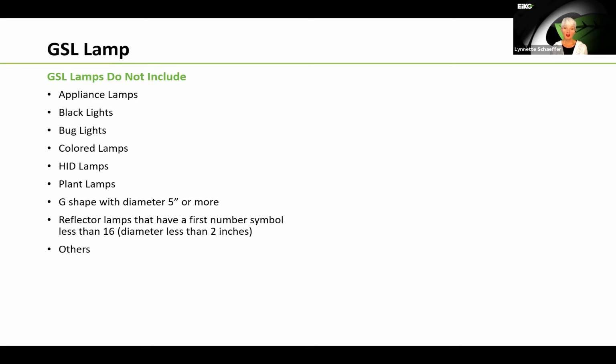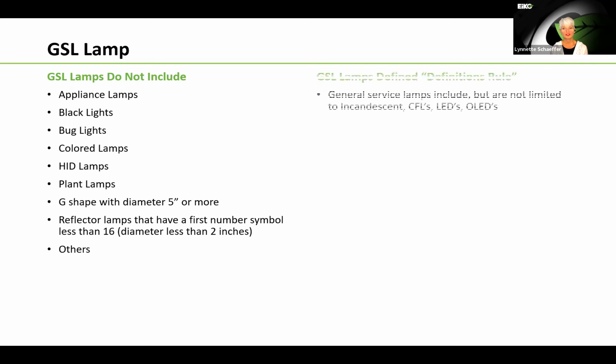Now, to help further understand what lamps are part of the DOE's regulations, they have recently come up with a more defined definition. So one, it's important to understand that GSL lamps include incandescents, CFLs, LEDs, and OLEDs, which stand for organic LEDs. Keep in mind, when we say incandescent, this now also includes halogen. That's a new update. Now, a general service lamp is defined as lamps that have an ANSI base, operate at voltages which include 12, 24, 100 to 130, 220 to 240, or 277.